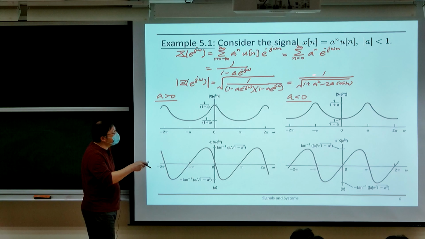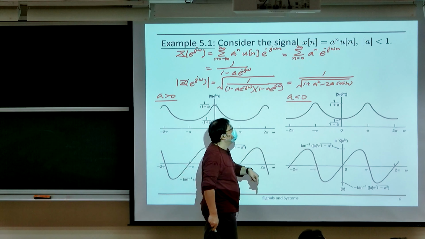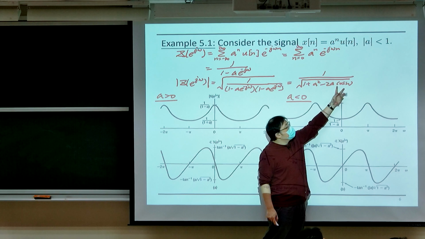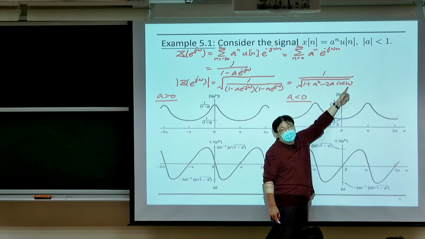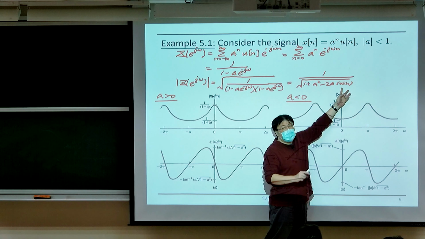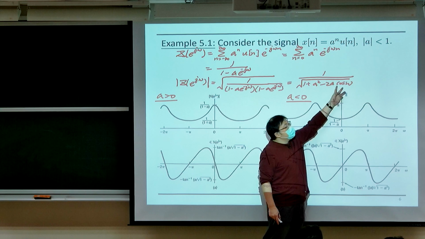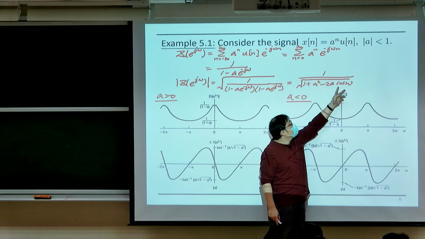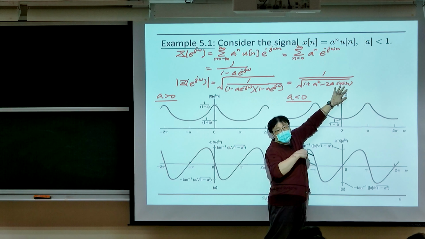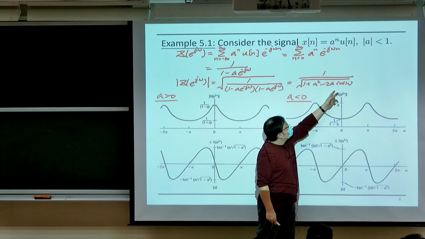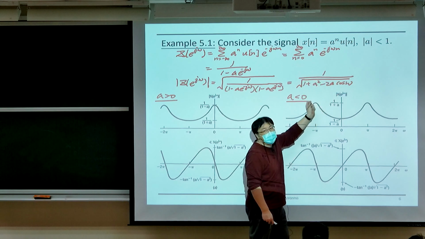Okay, so if you look at this, suppose that a is greater than 0. Okay, and looking at this cosine, when omega is 0, cosine 0 is 1, right? And as omega goes from 0 to pi, it gradually becomes minus 1. So cosine omega becomes smaller and smaller as omega goes from 0 to pi. When this becomes smaller, the denominator becomes bigger, and the whole thing becomes smaller.